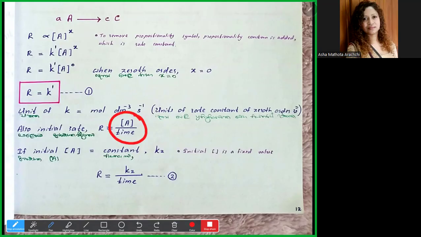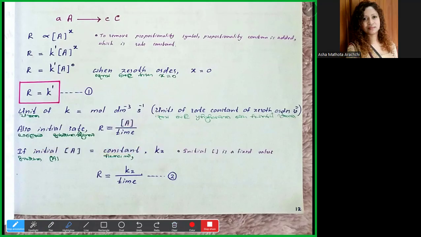Let's say I'm using 0.5 M HCl, then I know the concentration. I can always use the same initial concentration so that I can make it constant. So this initial concentration is constant, and I'm going to get that constant as k2.